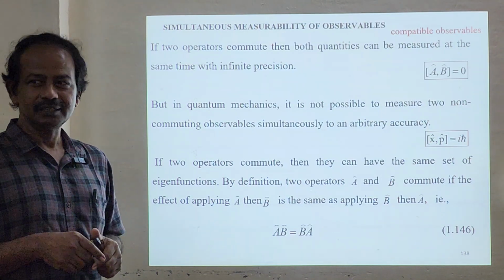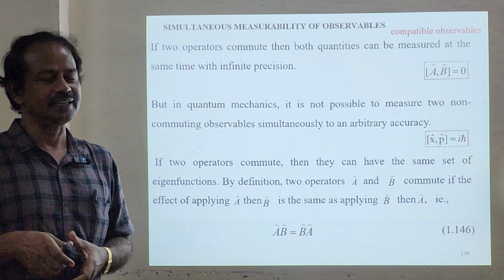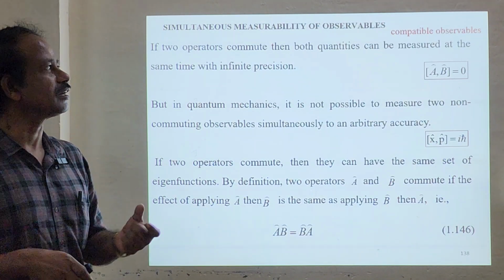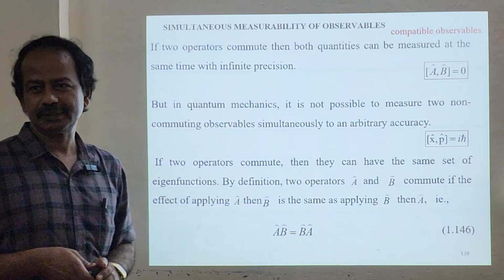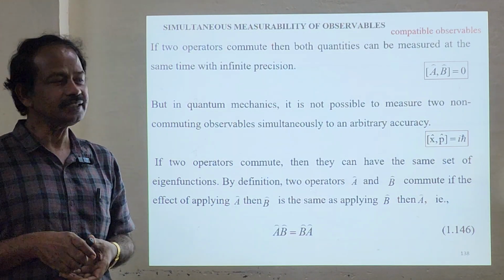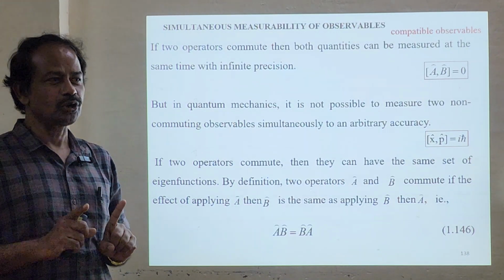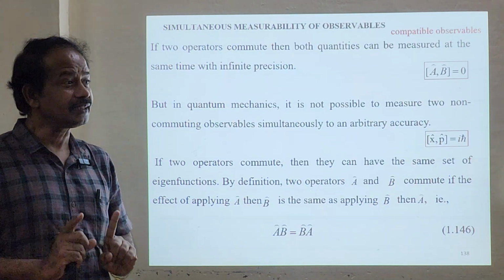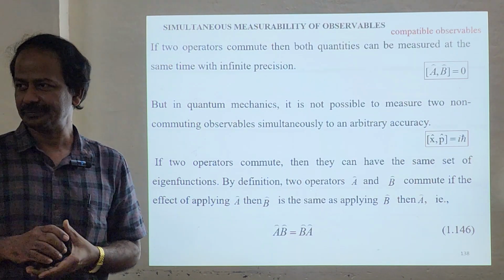Suppose we want to measure two observables and get the readings; those two observables are called compatible observables. Compatible observables means that we can measure two operators, two observables, at the same time, and we will get the answer.